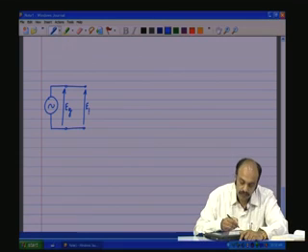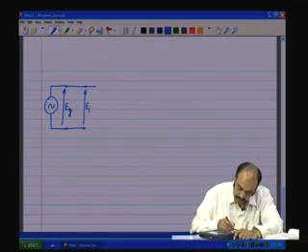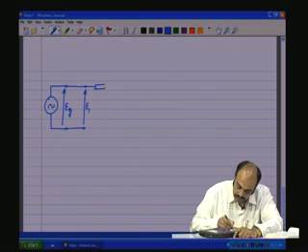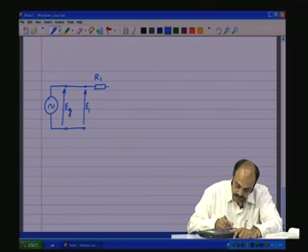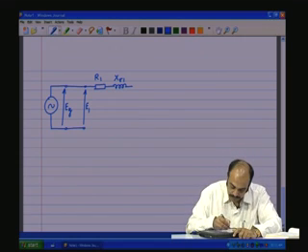Now, from the primary side terminals, we have first R1, the winding resistance, and then an inductance which gives an inductive reactance, L sigma 1, the leakage inductive reactance on the primary side.